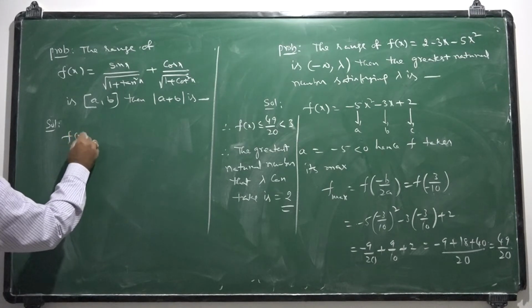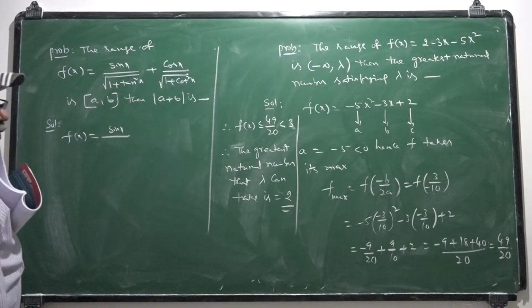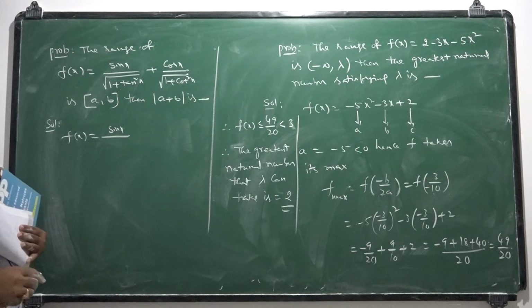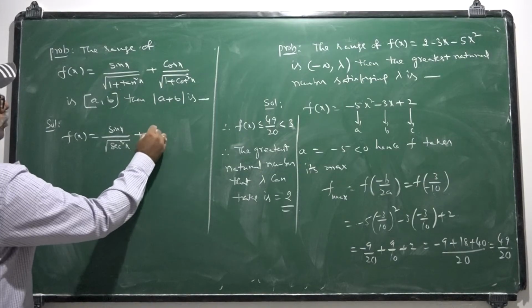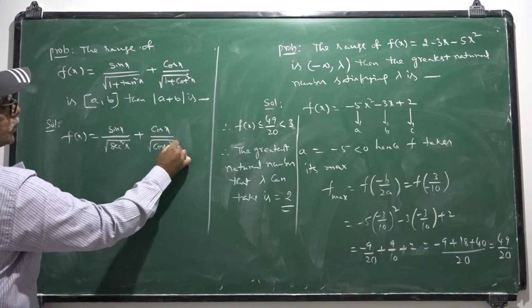Here f(x) equal to sin x by root over 1 plus tan square x plus cos x by root over 1 plus cot square x. Root over 1 plus tan square x is secant square x root, and root over 1 plus cot square x is cosec square x root.